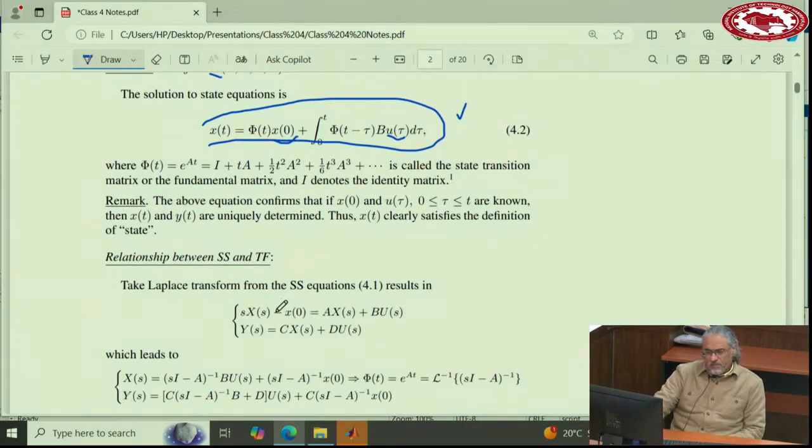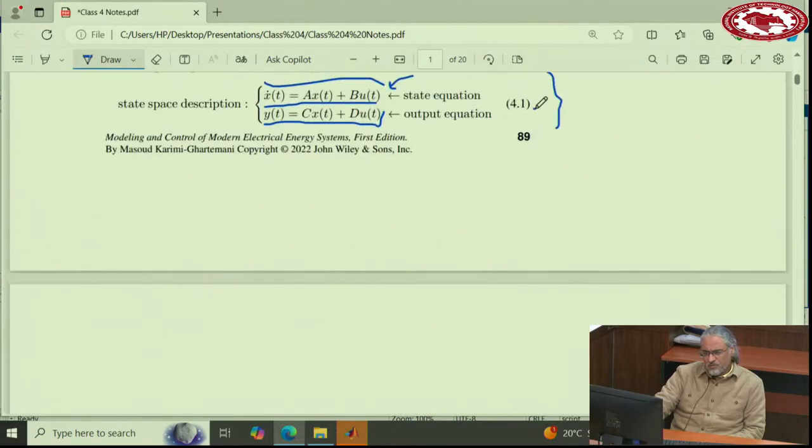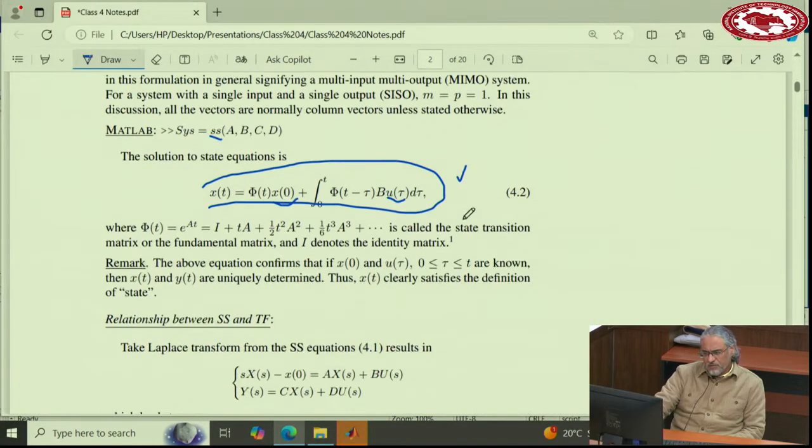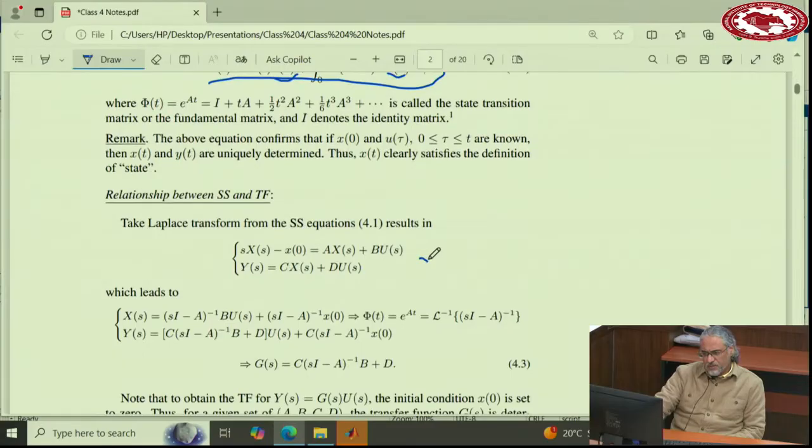Now you may ask, what is the relationship between state space equations and the transfer function? Just for the sake of curiosity, if you take the Laplace transform of both sides of equation 4.1, you will come to these equations. Then if you calculate the output, eventually your output will be this matrix times U plus another one times the initial condition.